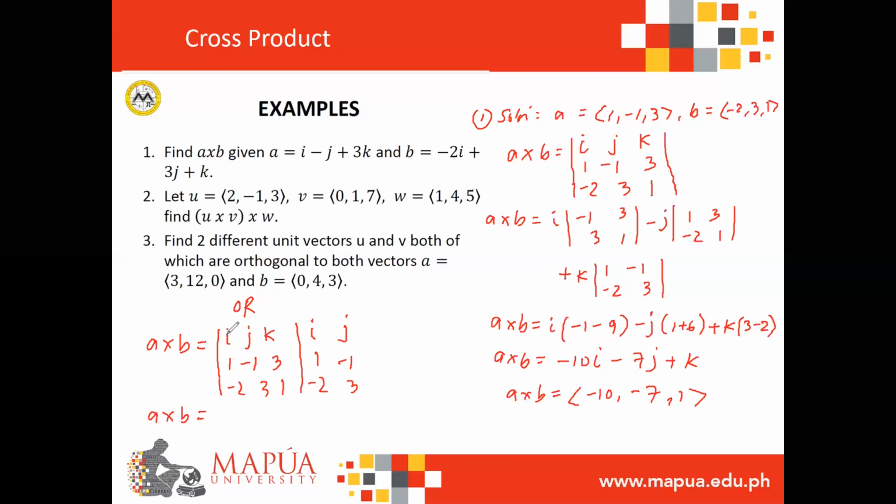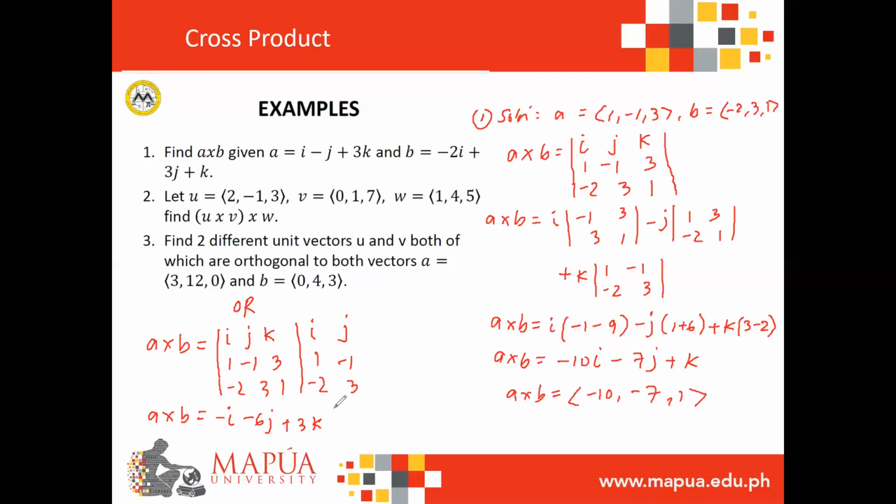So start with the upper left part. So multiply now. I times -1 times 1, that's negative i. Then you have j times 3 times -2, that's negative 6j. Then k times 1 times 3, we have it as 3k.